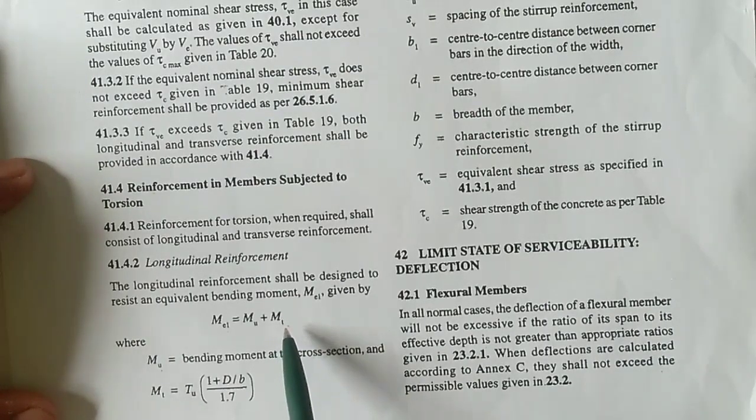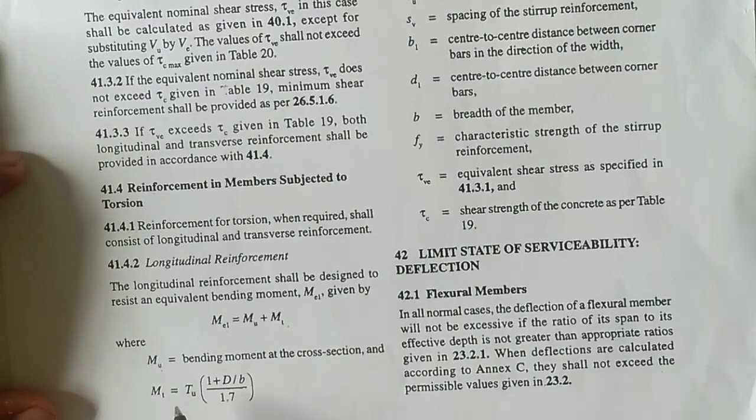That means we calculate the equivalent bending moment from the ultimate moment and the torsional moment. Ultimate moment is the bending moment which we calculate through analysis, and Mt is the torsional moment.